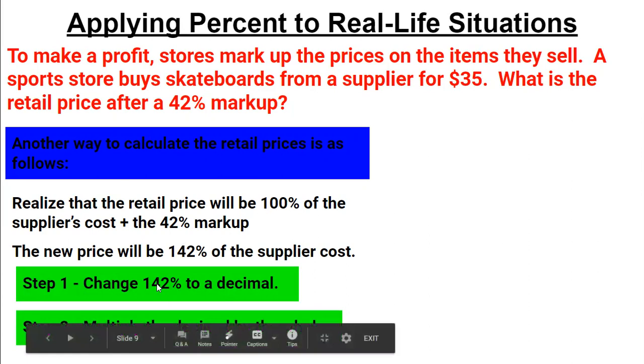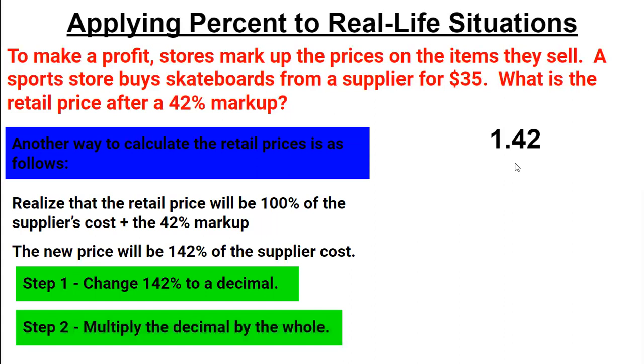You're going to move 2 to the left. And then you're going to multiply by $35. So 1.42 is your decimal, and then you multiply by 35. If you did that on a calculator, or by hand, you will get $49.70. You have just eliminated that extra step of adding the $14.70 to the $35 because you multiplied by a percent over 100. Okay, so you can do that if you are so inclined.